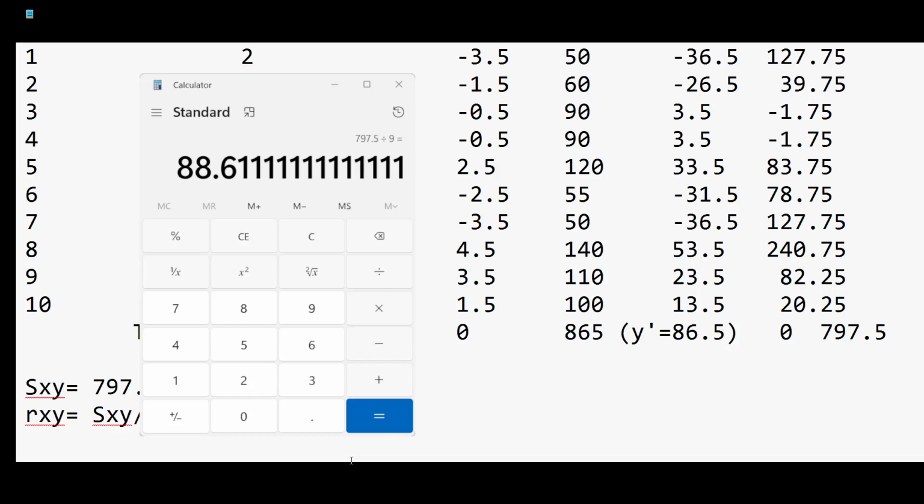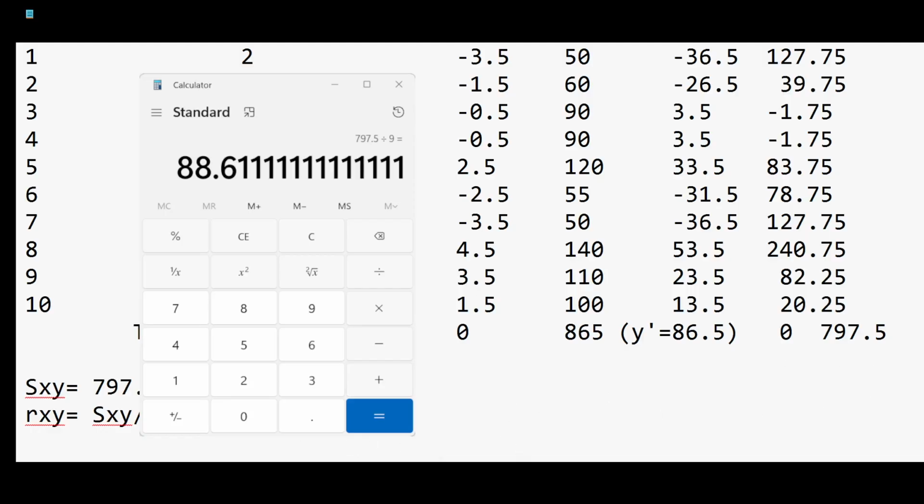So we are going to solve for our SX and our SY. What's the formula again?